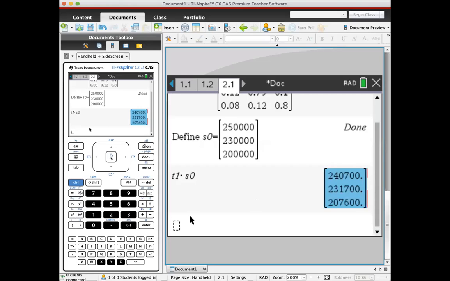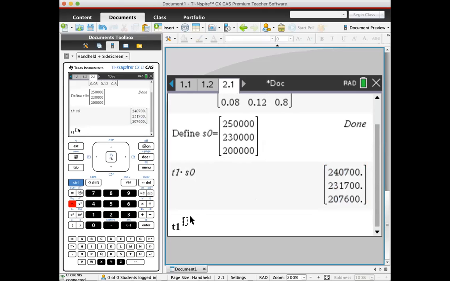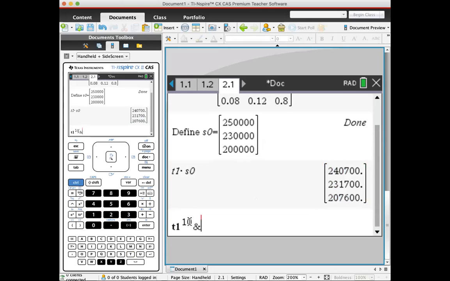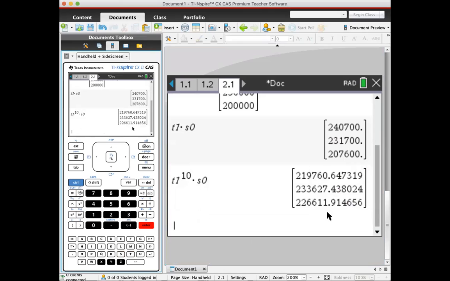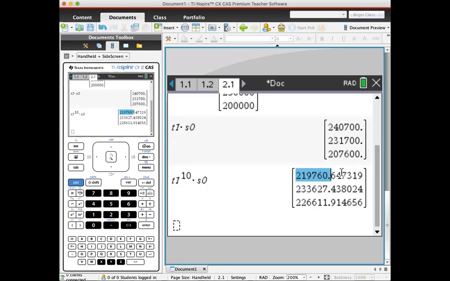What I'm doing here is use our calculator again. So after 10 transitions, I will calculate T1 to the power of 10 multiplied by S0. Control enter. West Mall, which one is West Mall? West Mall is the very first entry, okay?